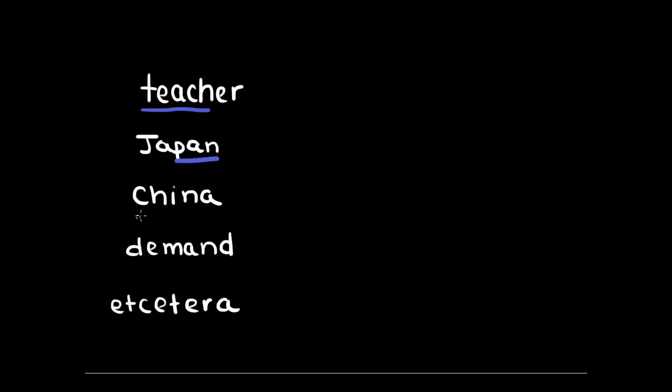Again, it's at the beginning. Next word, demand. Not "DEE-mand," it's demand. The stress is on the "mand." And the final word, etc. Where is the stress? It's on the "set." And this one has more than two syllables, unlike these, but still the stress is on the "set."